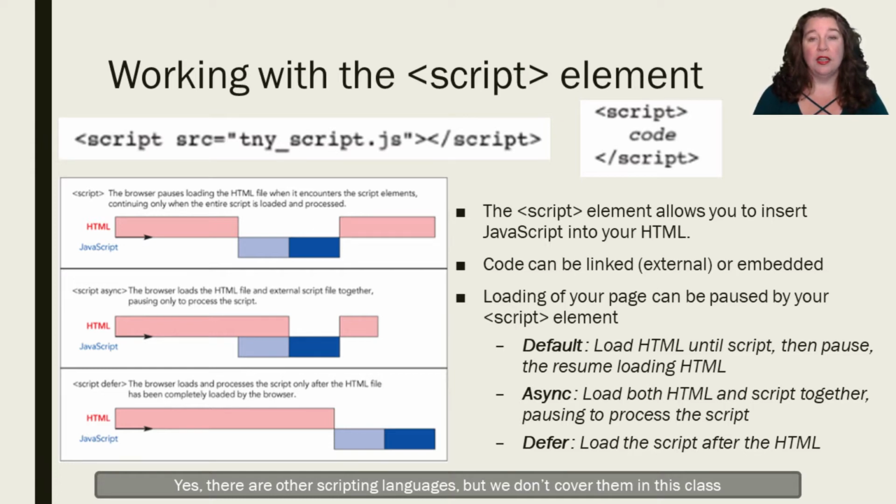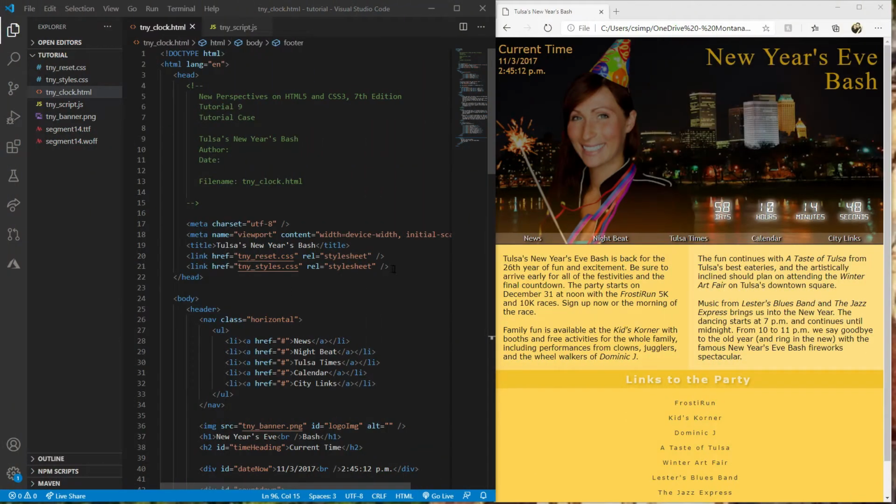You can use embedded code directly in your HTML with the script tag. So you can do the script tags without a source and then write your code right in your HTML file. But as you've seen in this course, we like to keep things external so that you can keep your code separate. The first thing that we're going to do in our tinyclock.htm is add our script tag.